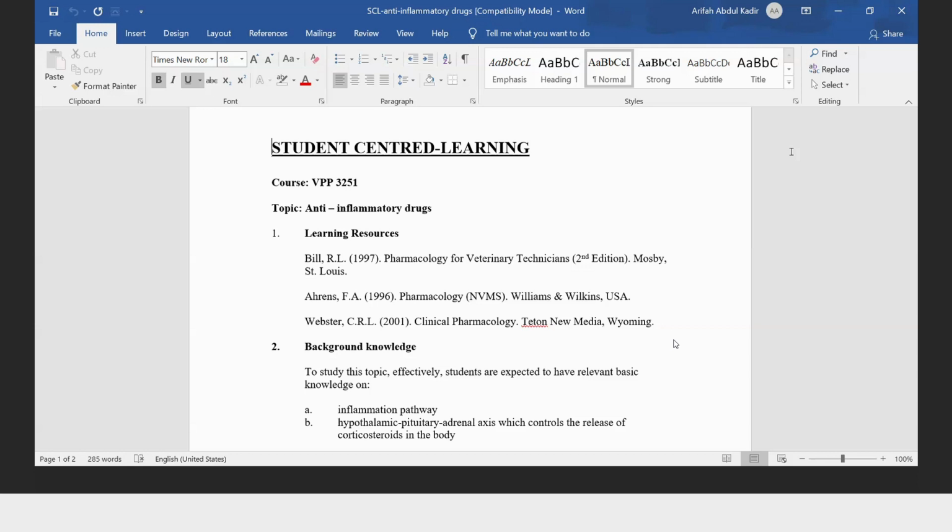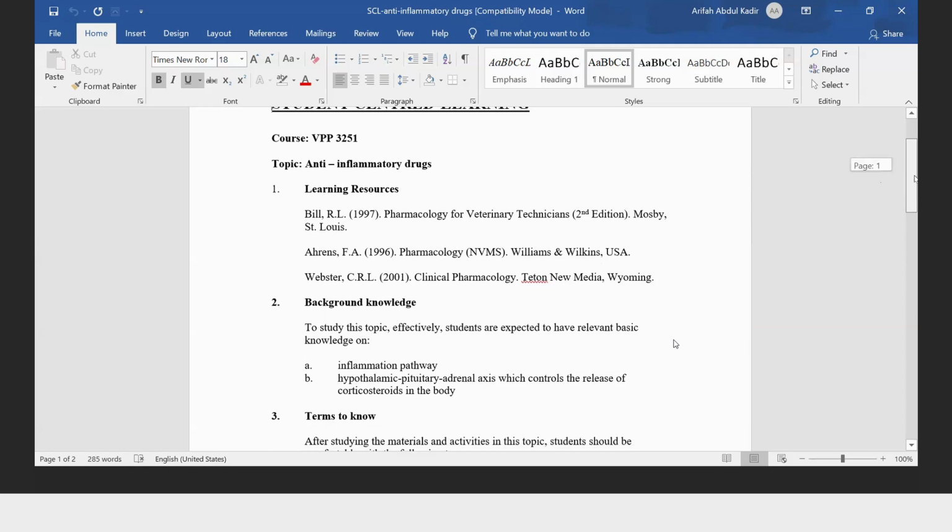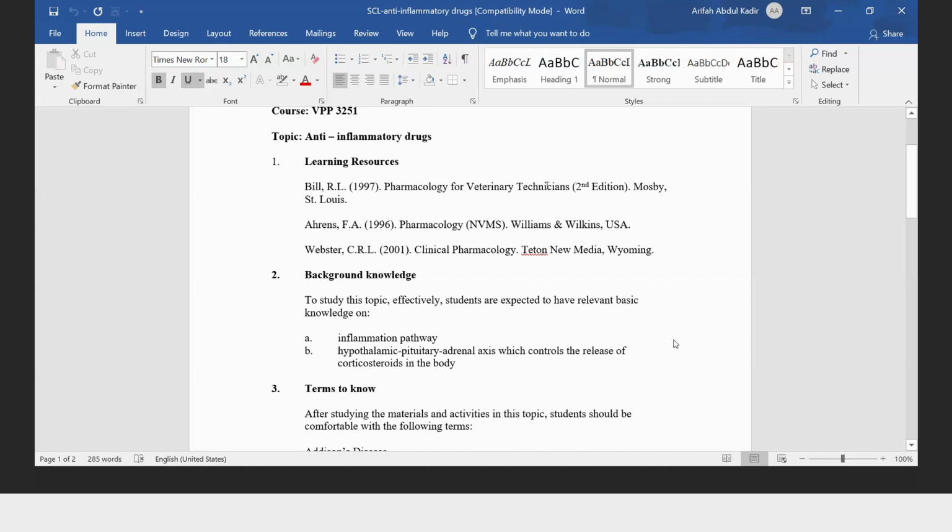It's kind of challenging, but I think you can get the information. No problem. So the topic is anti-inflammatory drugs. I've written here a few books, but these are just basic books. If you can get other books, it's okay. Preferably they should pertain to veterinary medicine.